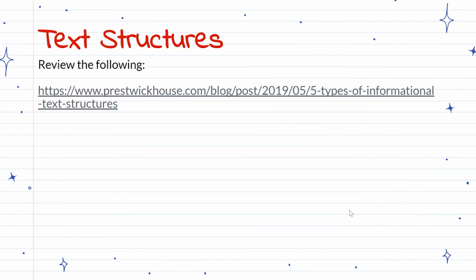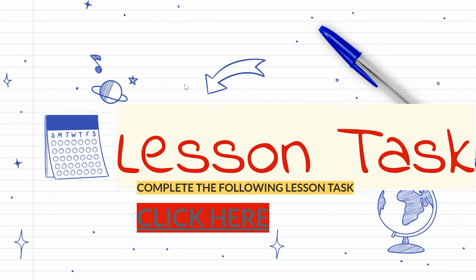Text structures: have a review of the following. If you want, you can click here and review everything in the unit and understand better. And go to the next one. There is a task for the lesson text, and you can check here and click.